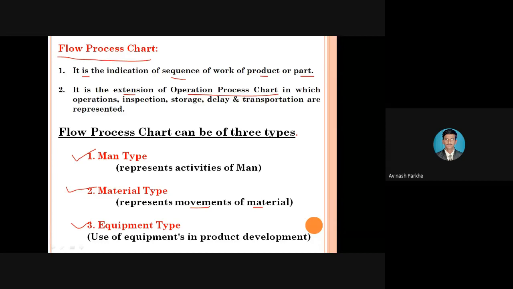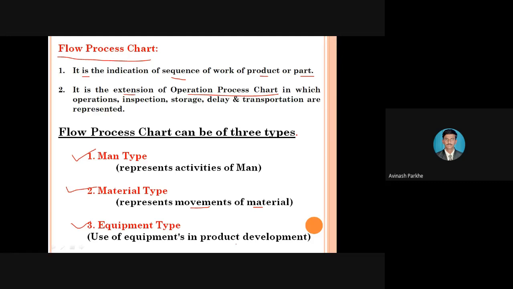And the third type is called the equipment type. Equipment type means the use of equipment in product development. So one equipment is there, one machine is there. If that machine is initially doing the drilling operation, then drilling you have to take at the top. After the drilling, if it is doing the boring operation, then we have to take the boring operation second.